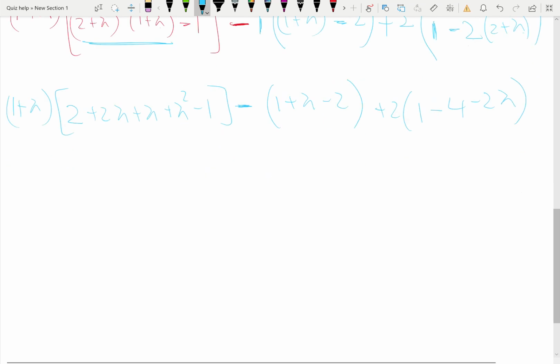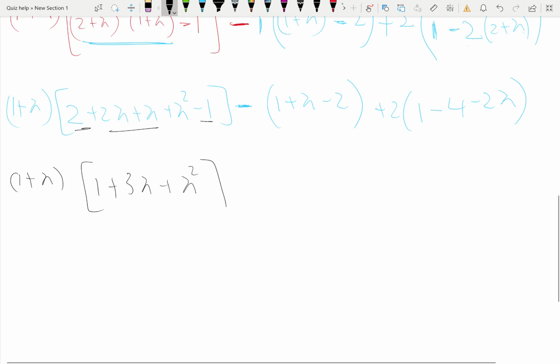All right. Okay, so now let's simplify the inside as much as possible. 2 minus 1 is 1. 1 plus here 3 lambda plus lambda square. Minus here 1 minus 2 is negative 1 plus lambda. Here plus 2 times 1 minus 4 is negative 3 minus 2 lambda.